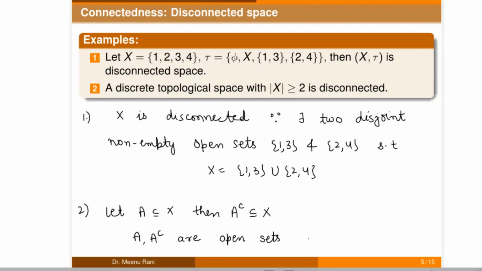So both are open sets and X can be written as A union A complement, and these are two disjoint sets also. So we can say that X is a disconnected space.